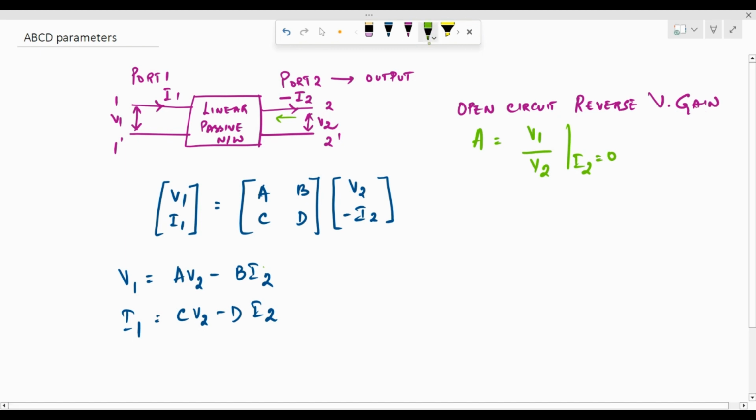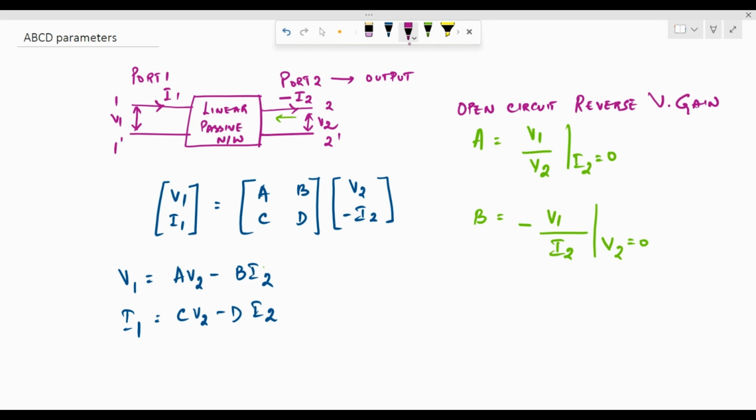Next, we can compute B. To find B, we can consider that V2 is equal to 0 and then B would become V1 by I2, and this minus sign would be retained, provided V2 is equal to 0. If V2 is equal to 0, it means that this is going to be a short circuit parameter, and V by I is nothing but an impedance parameter.